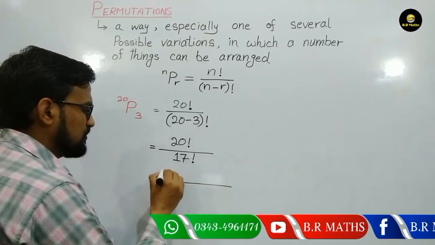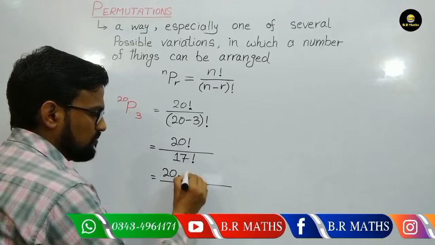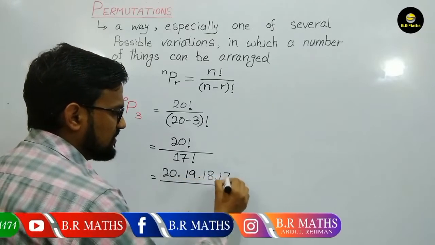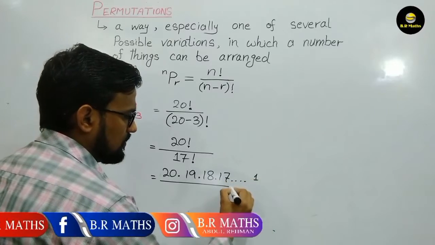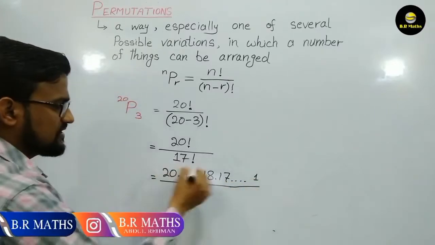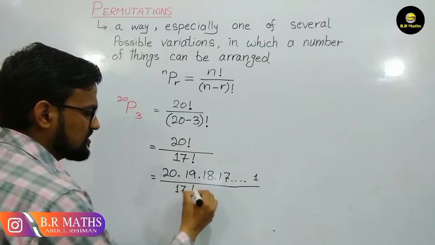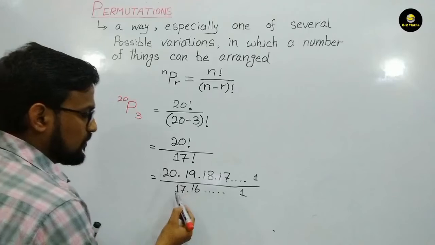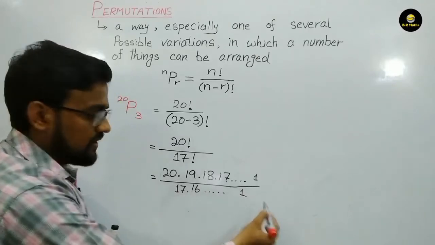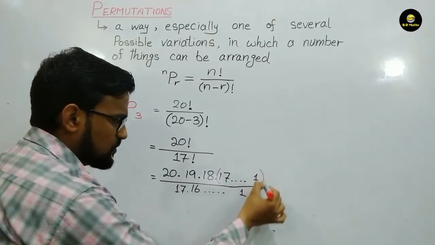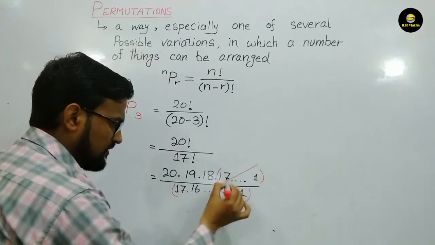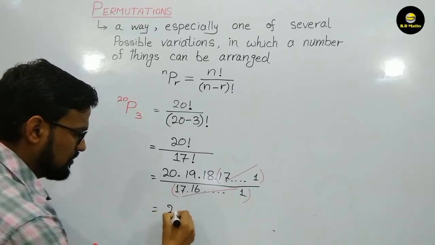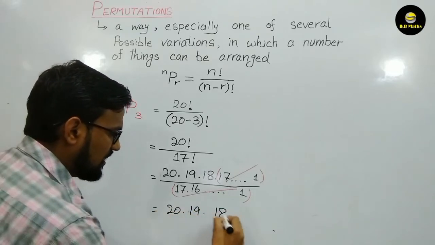And what is the factorial? Factorial is the product: 20 multiplied by 19 multiplied by 18 and 17 up to 1. Similarly, 17 factorial means 17, 16 and up to 1. So this 17 to 1 and that 17 to 1 cancel with each other, and the remaining numbers are 20, 19 and 18.